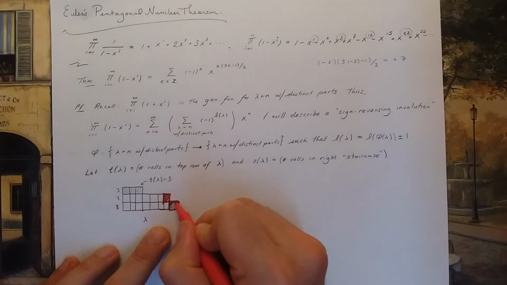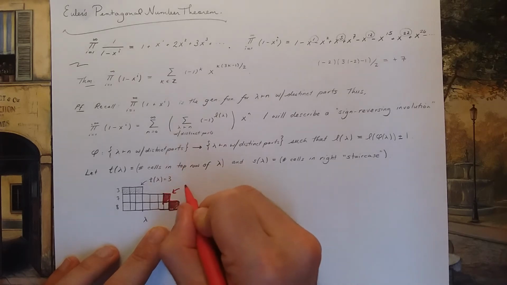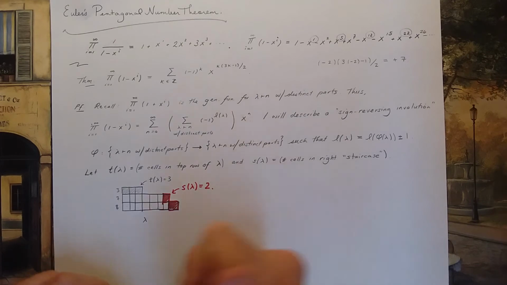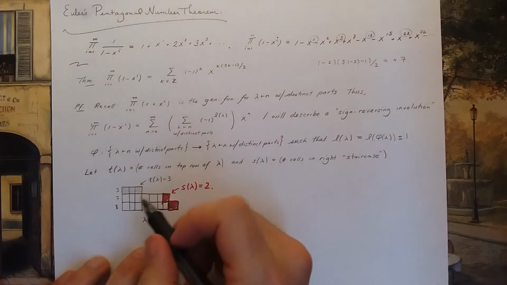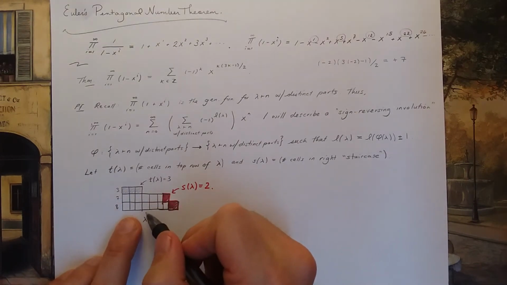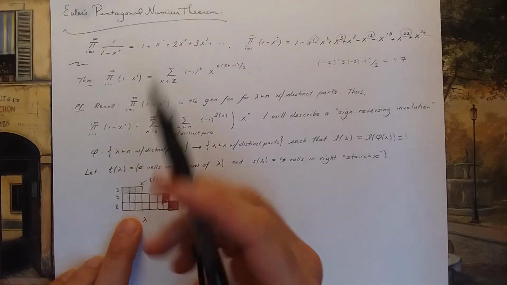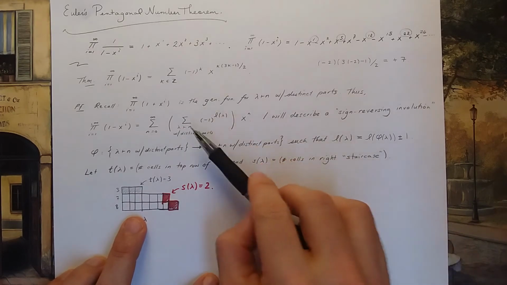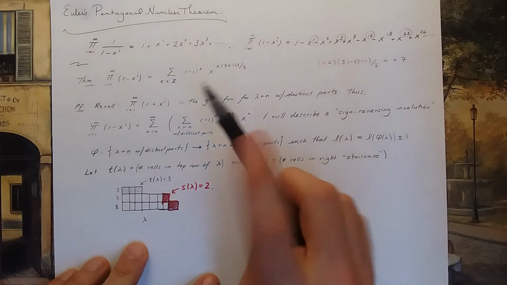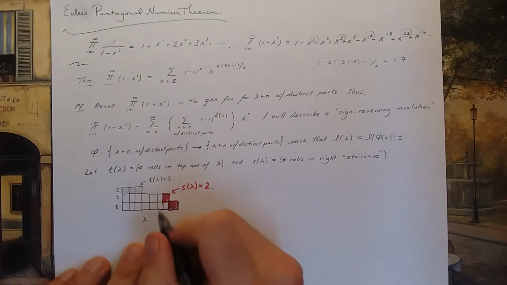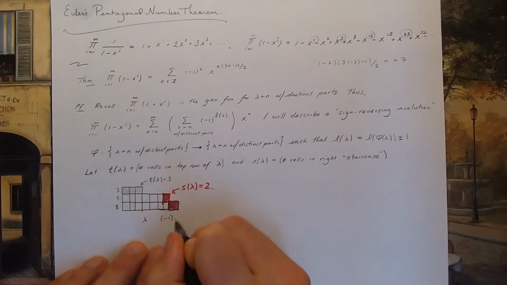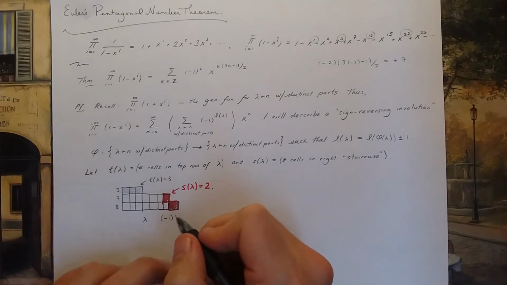So I have 2 elements in the stairs. The sign of this object is -1 because I have 3 rows, 3 parts in my integer partition. So the total sign of this object is negative. So this is a negative object. I'll put a negative here to remind me that -1 corresponds to this object.